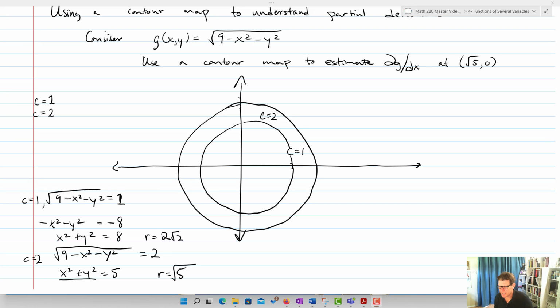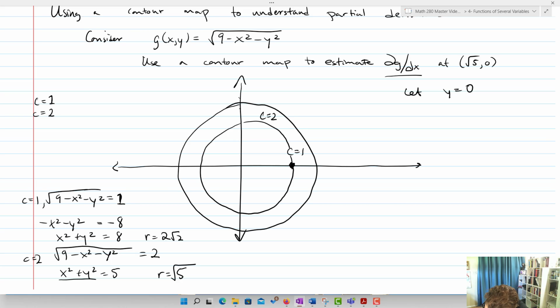Now, since we're trying to find dg/dx, we're just going to consider this change. We're going to hold y constant at y equals 0, which is something we can do. We could choose any value that we want for y, and it's really not going to matter too much, but let's choose y equals 0, because it's going to make things really easy.